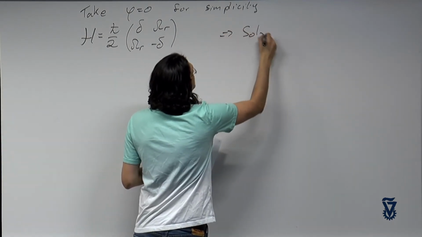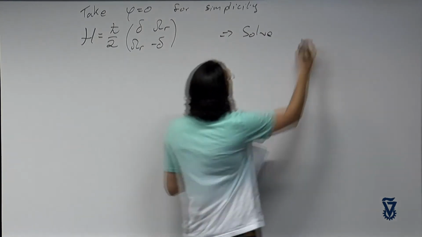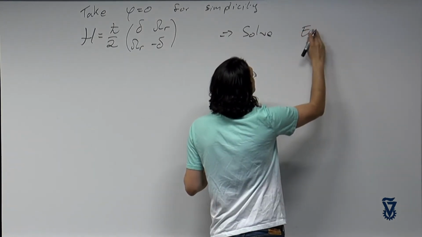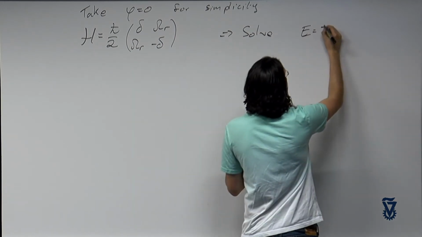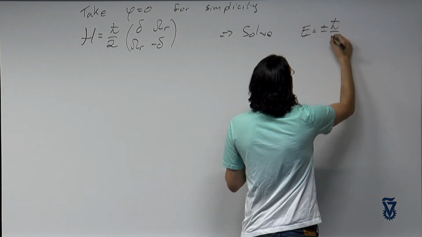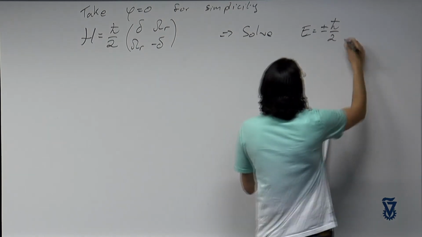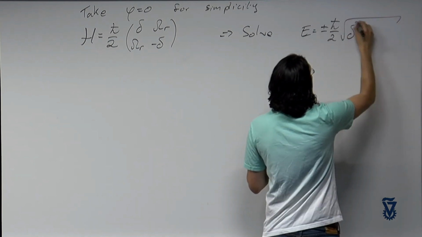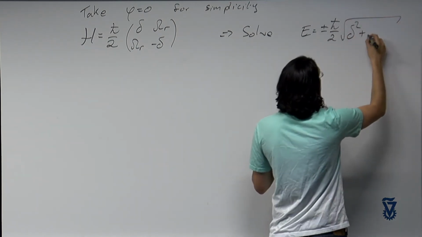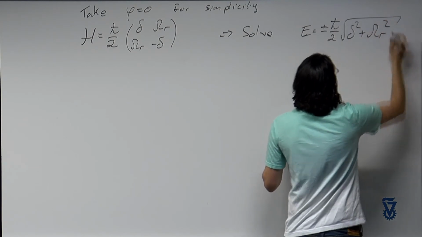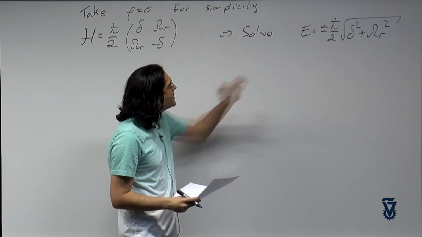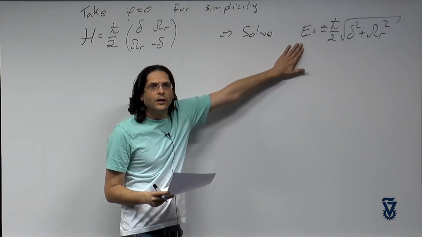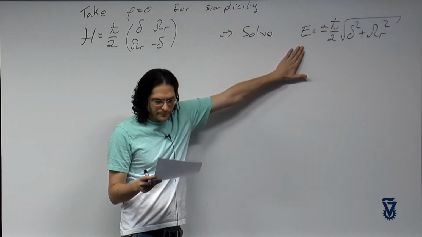And the solution, you get energy eigenstates of this Hamiltonian. They look like this. It's plus minus h bar over 2 square root of delta squared plus omega Rabi squared. So these are our energy solutions.